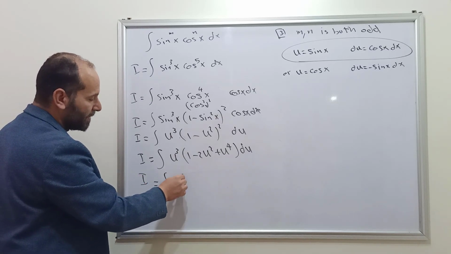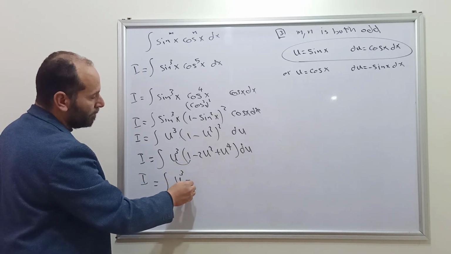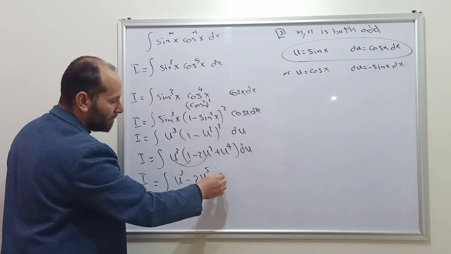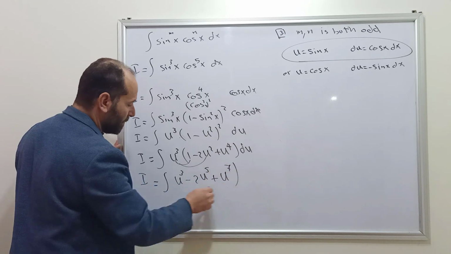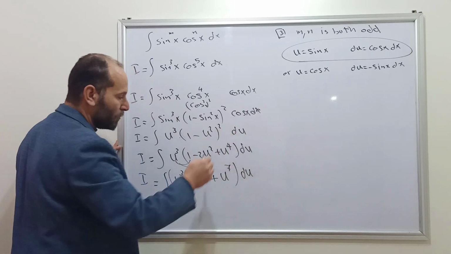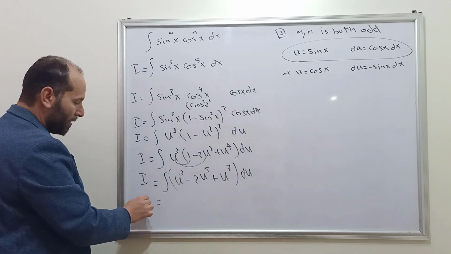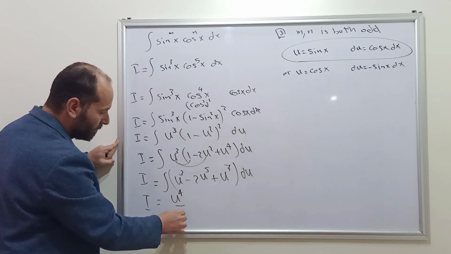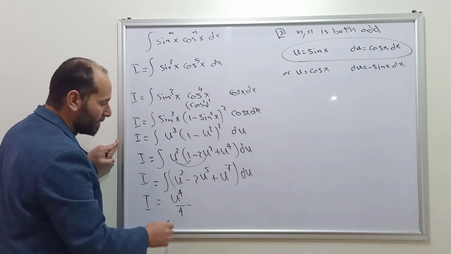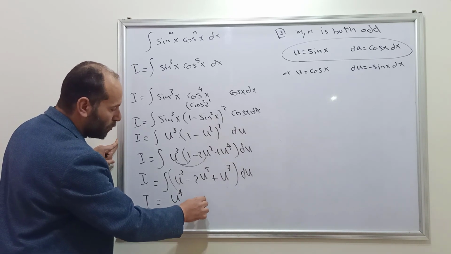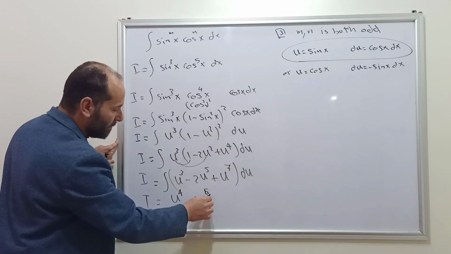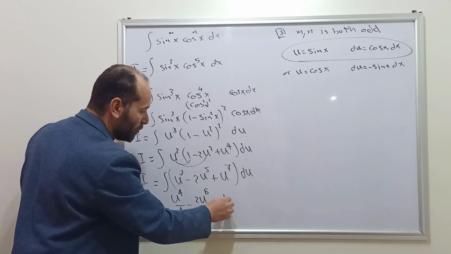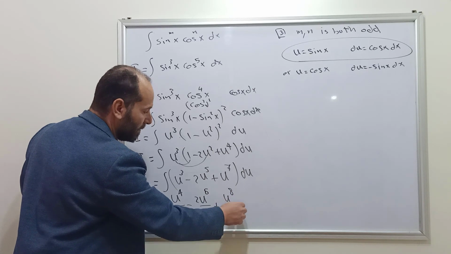The integration of u power 3 minus 2u power 5 plus u power 7 du equals u power 4 over 4 minus 2u power 6 over 6 plus u power 8 over 8 plus c.